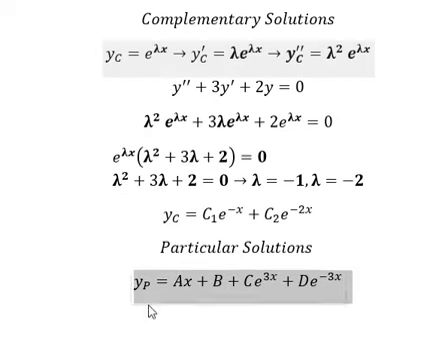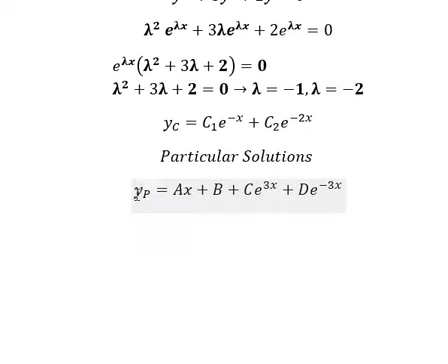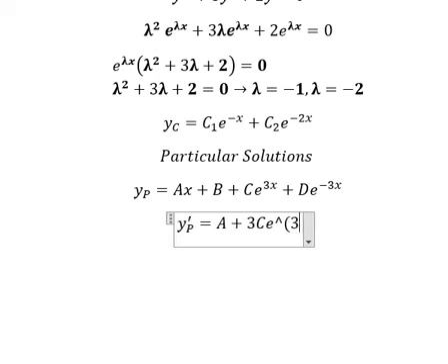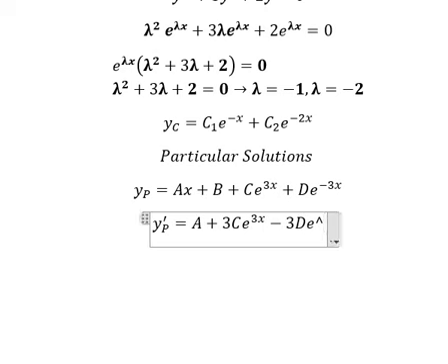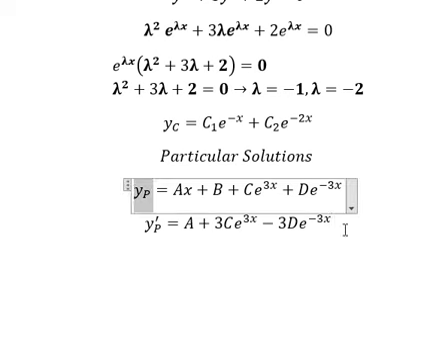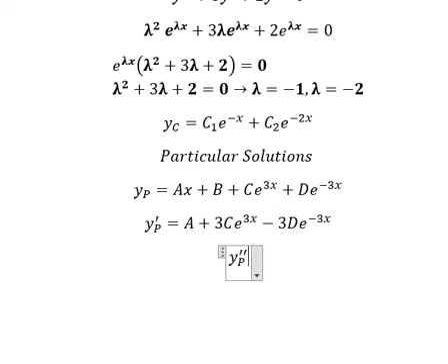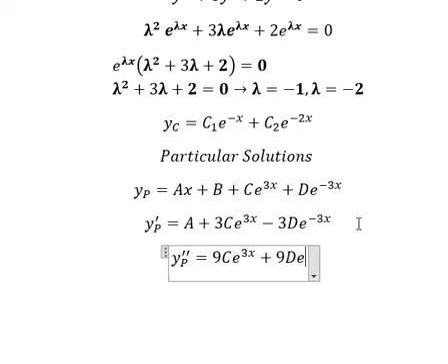Now we need to do first the derivative and second the derivative of yb. So we have a plus 3c e to the power of 3s and negative 3d e to the power of negative 3s. Then we go to second derivative of yb, and we got 9c e to the power of 3s plus 9d e to the power of negative 3s.